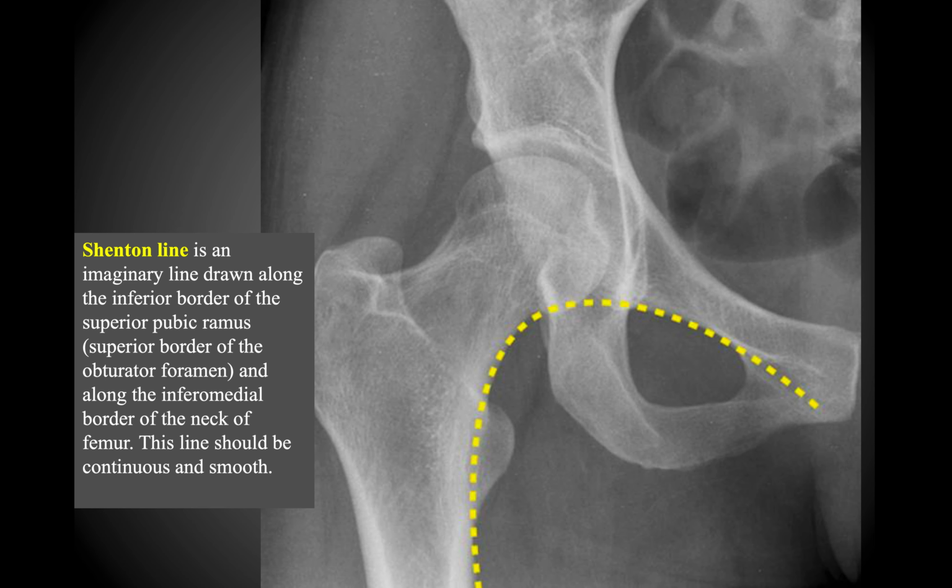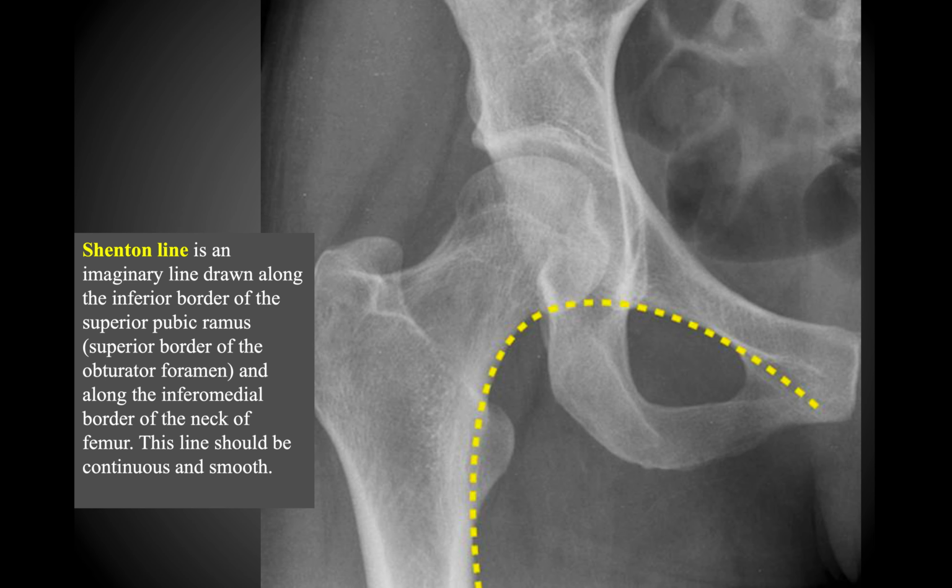And then finally, looking at an imaginary line known as Shenton line. This is a line that can be drawn along the inferior border of the superior pubic ramus. So you can see that coming along up here. And it continues down along the head and neck of the femur. This line should effectively be smooth and continuous along its entire course.